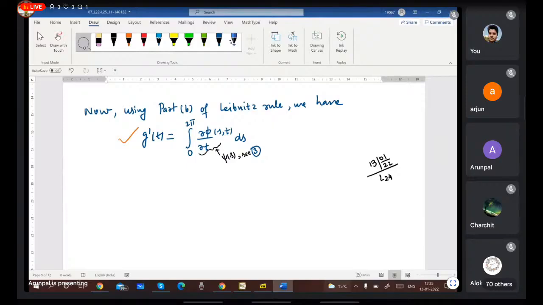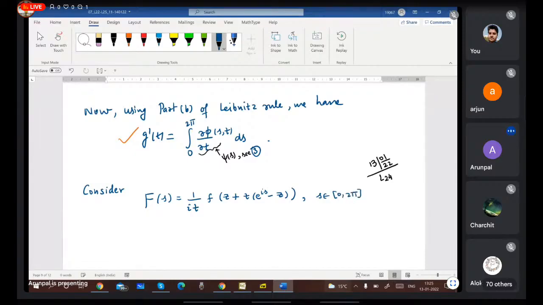Class, consider the following function: F of s is equal to 1 upon i t, f of z plus t, e to the power i s minus z, where s belongs to the closed interval 0 to 2 pi.